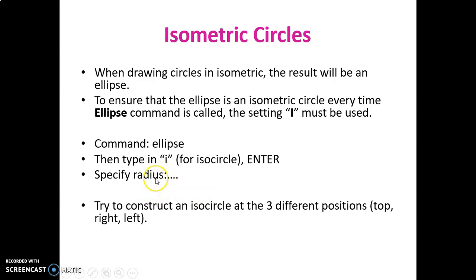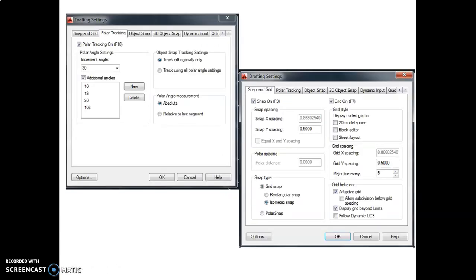You can specify whichever radius you want. Try to construct an isocircle using your AutoCAD now at different positions: top, right and left. There will be differences. So this is the setting.